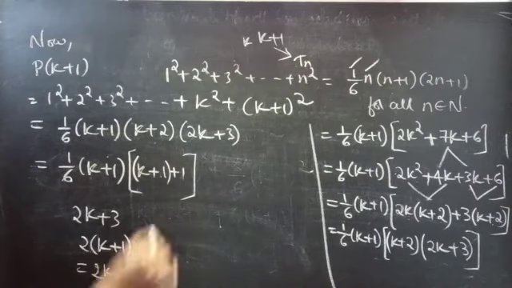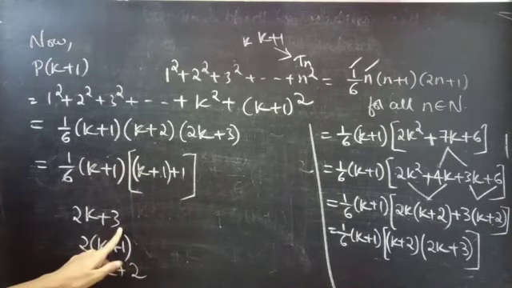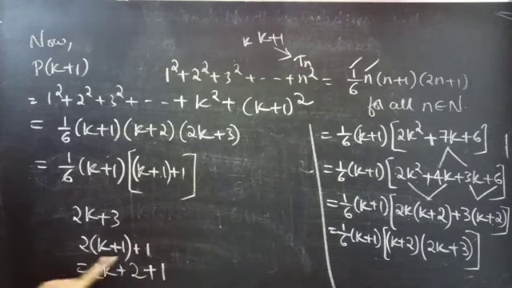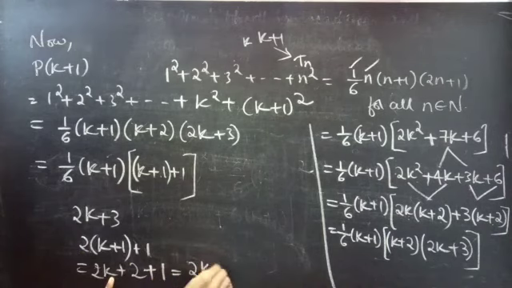We have 2k plus 1 equals 2 into k, 2k, plus 2 into 1, 2. So we'll get 3 by adding 1 to this 2. That is, we have to add 1 to this number to get 3. See, 2k, this equals 2k plus 2 plus 1, 3. Okay.